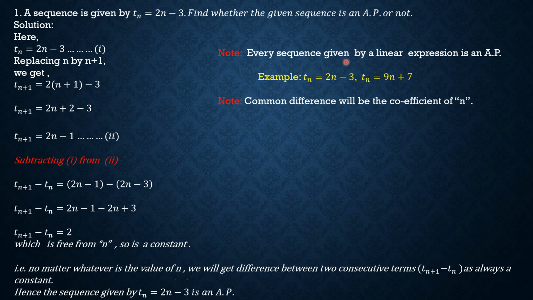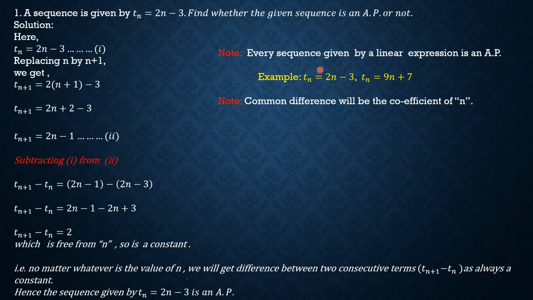And lastly, one note. Every sequence given by a linear expression is an AP. I hope you know the meaning of linear expression. We have learned an expression is said to be linear if the highest power of the variable is 1. In this case, the variable is n. The highest power of n is 1 over here.